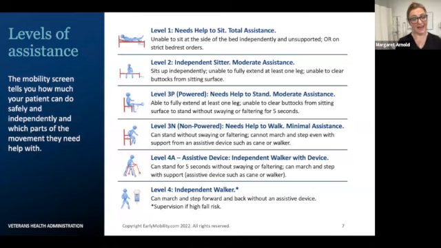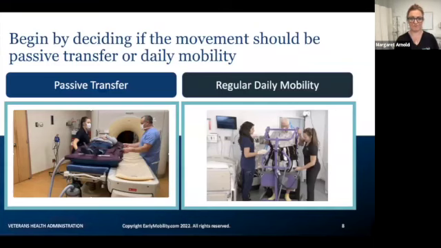A level 4A can walk independently with an assistive device, and a level 4 patient can walk independently without a device. So this is just another way of laying out and describing the different levels for you as you are making those mobility decisions and safety decisions for you and your patient.